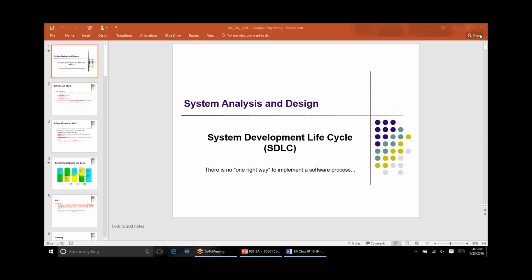Today I wanted to talk about system development lifecycle. We talked about this briefly before, but I want to talk again about what the system development lifecycle is all about. What does it consist of? What are the different phases, different activities, different tasks, different role responsibilities involved in the software development lifecycle?